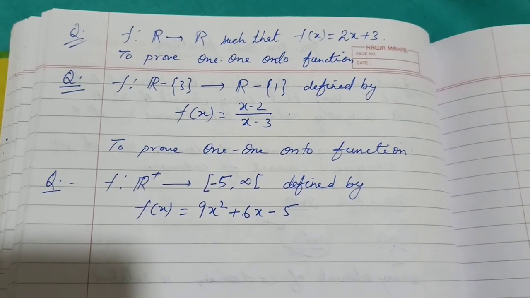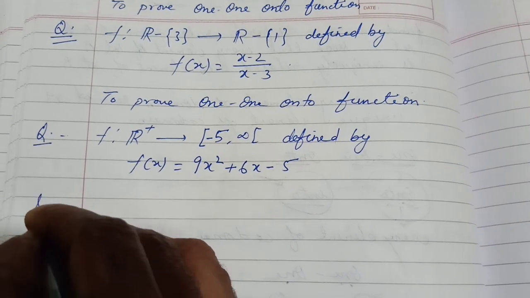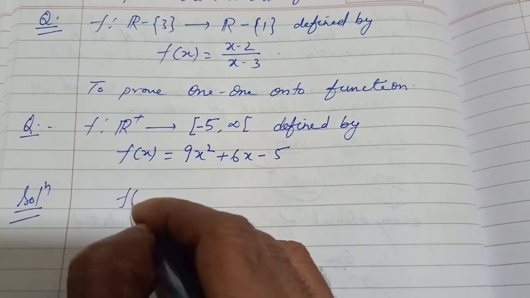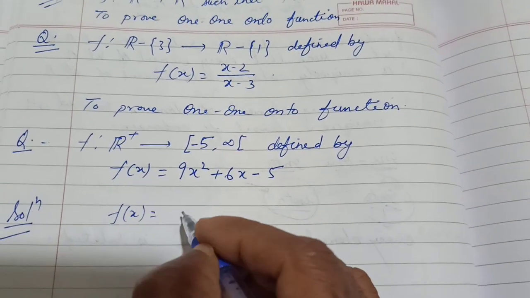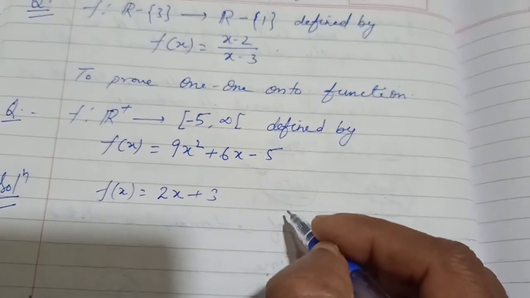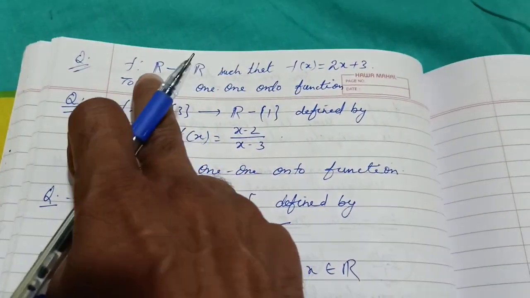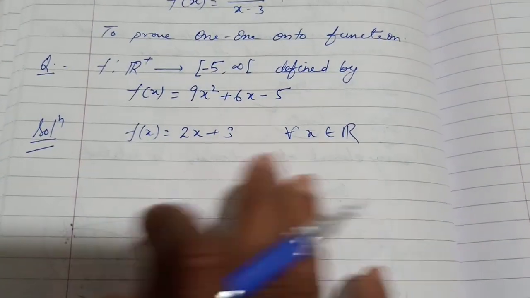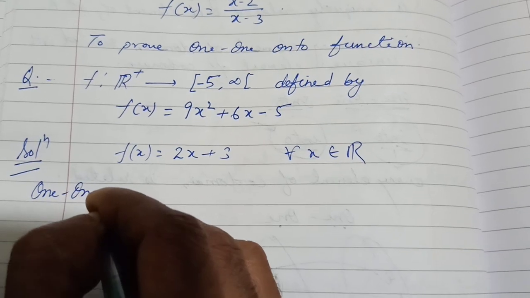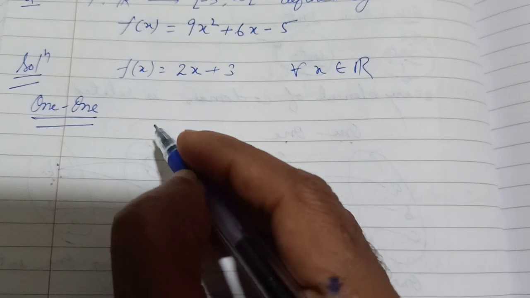Okay, so first we prove, solution. The function is defined as f(x) equals 2x plus 3 for all x belongs to the real numbers. Domain and range both are the real numbers. Okay, so what we have to take for one-one, we have to take two elements from the domain.